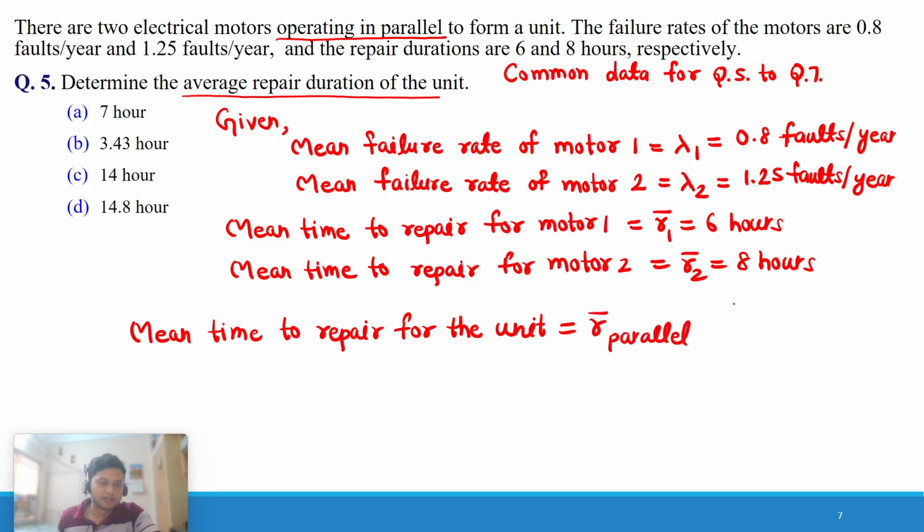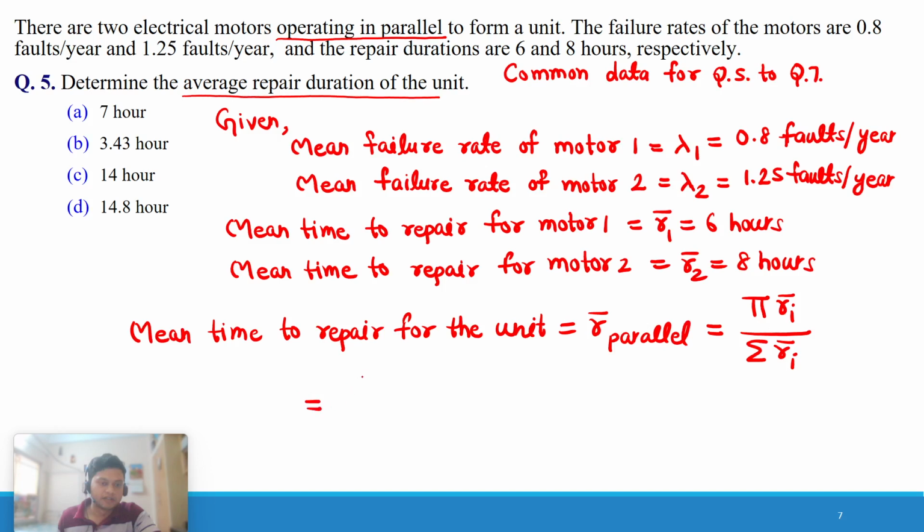For parallel components, we know that it is the ratio of the multiplication of Ri bar to the summation of individual mean times to repair Ri bar.